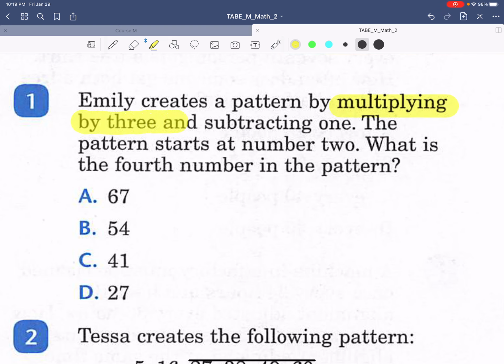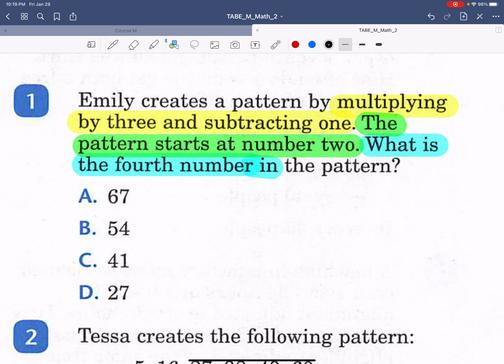Multiply by 3 and subtract 1. That's called the rule. The second piece of information is that the pattern starts at number 2. And the third piece is actually the question, what is the fourth number in the pattern?